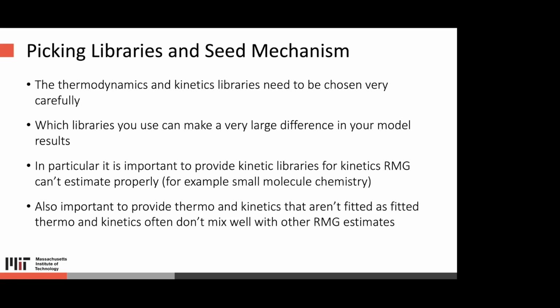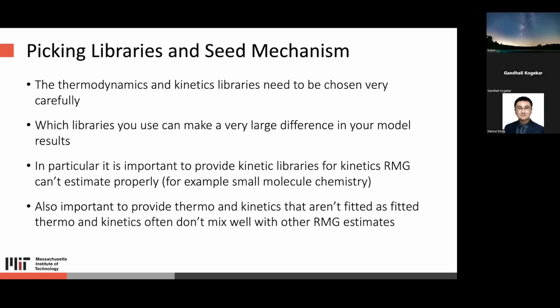Which libraries you use can make a very large difference in your model results. So it's important to provide a kinetics library for kinetics that RMG cannot estimate properly, for example, small molecule chemistry. It's also important to provide thermo and kinetics that are not fitted, because fitted thermo and kinetics often don't mix well with the RMG estimates.